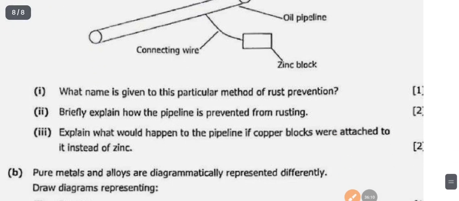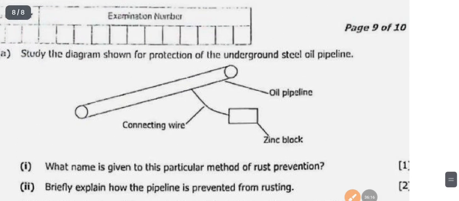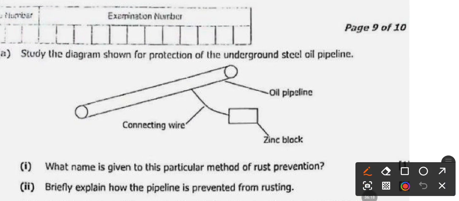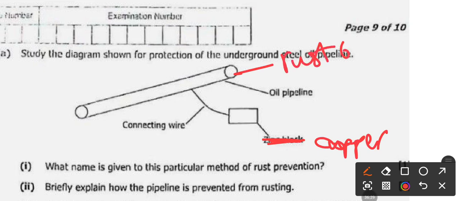Explain what would happen to the pipeline if copper blocks were attached to it instead of zinc. In such a situation, the pipeline would rust over time. What do I mean?